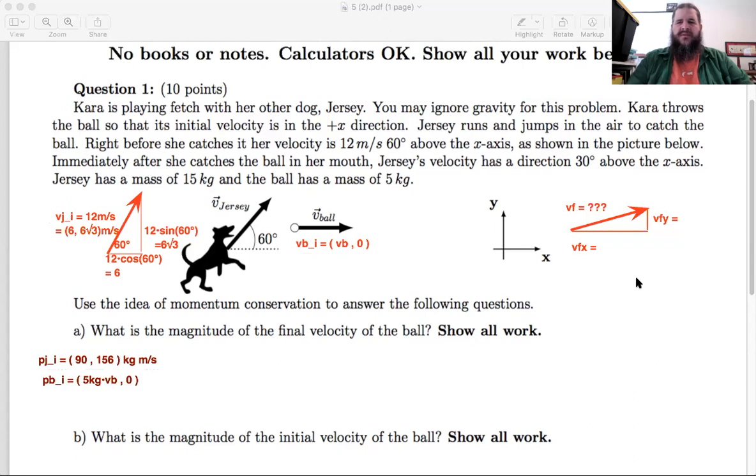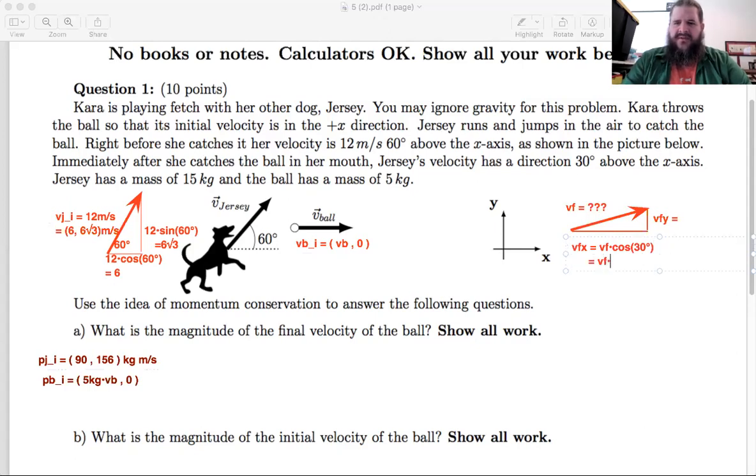Can we write those in terms of the 30-degree angle? Yeah, the x component will be v final times cosine 30, and cosine 30 should be root 3 over 2.